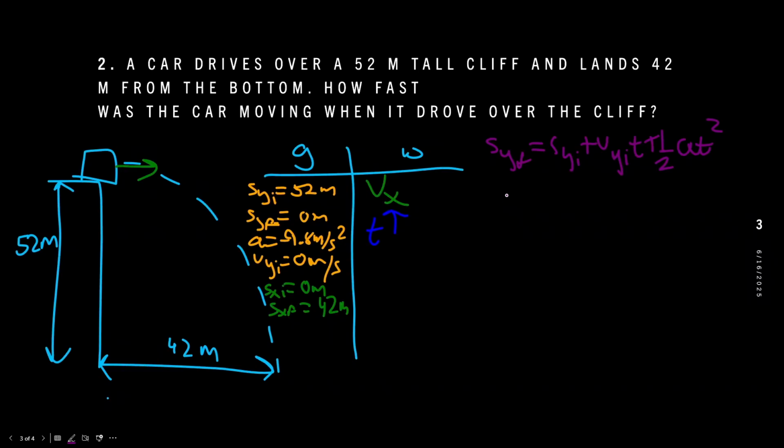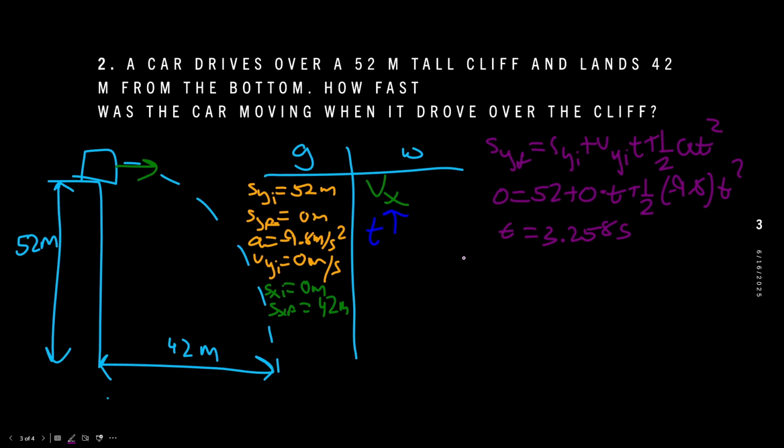So we could put 0 for that, 52 plus 0 times time is 1 over 2 times negative 9.8 t squared, and if we solve that, t equals 3.258 seconds. And then to find our speed, it will be the same equation.